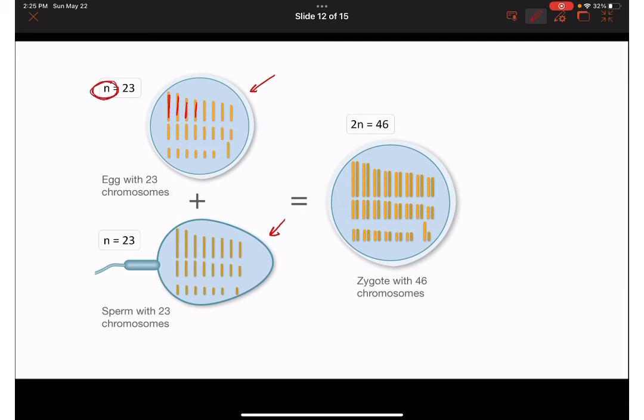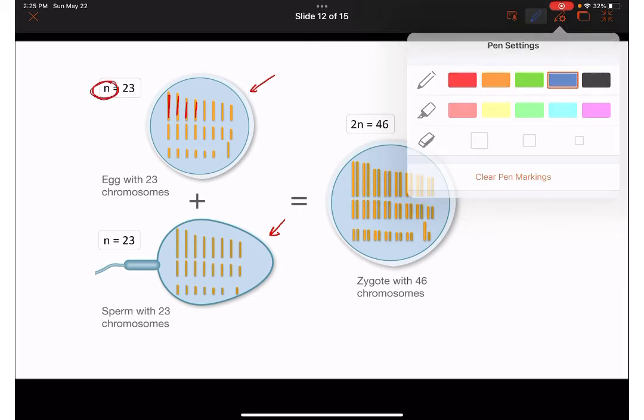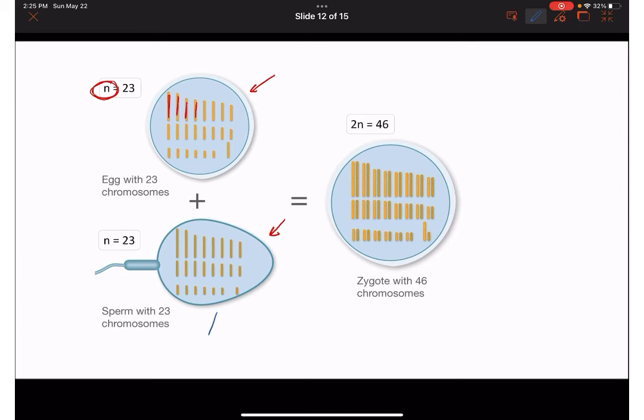So this egg is N equals 23. The same goes for this sperm. There are 23 chromosomes, but each of those chromosomes is in its own set. Okay, there's only one chromosome in each set. So again, that makes it haploid with a total chromosome number of 23.